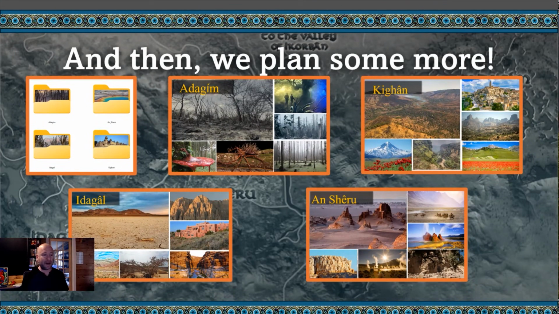So you start in Adagame, it is this gross, foggy, depressing region, and intentionally so. And the idea is, okay, after that we need to go to Kijan, where it is not lush, but it is not dead. There's green, there's flowers there, there's life there. And so we wanted to make sure that we tried to represent that kind of thing.